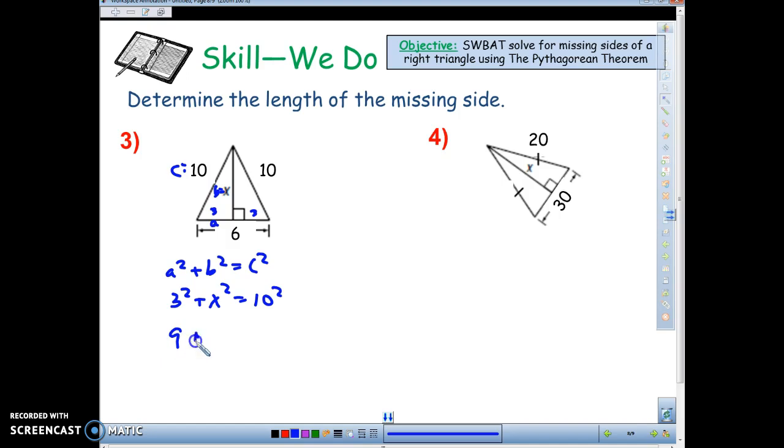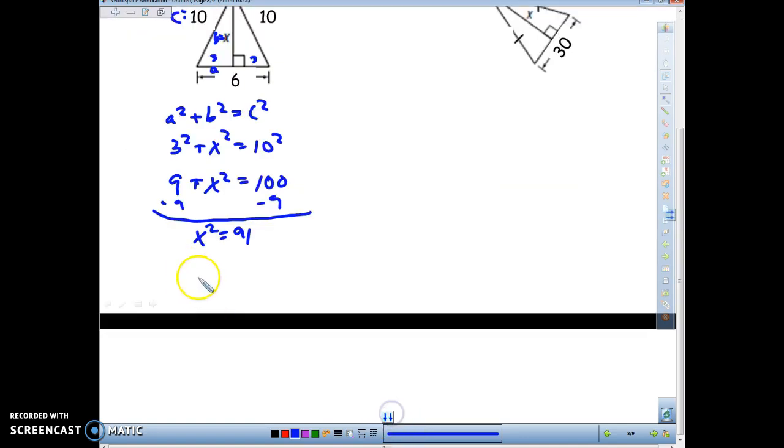So this gives me 9 plus X squared is equal to 100. Subtract 9 on both sides to give me 91. And we get X squared is equal to 91, which means X is equal to the square root of 91. If I calculate this in my handy dandy calculator, this gives us approximately 9.5.